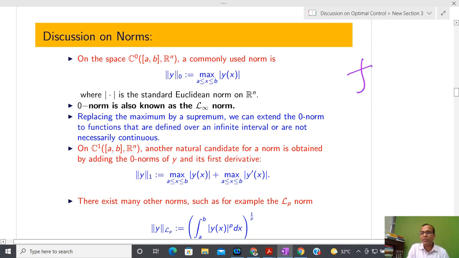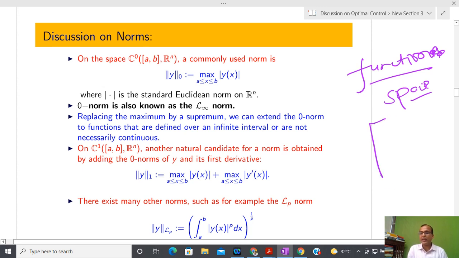What we have seen is that whenever we talk about function space, the elements are in the form of functions. In order to define f1 I need some kind of interval.